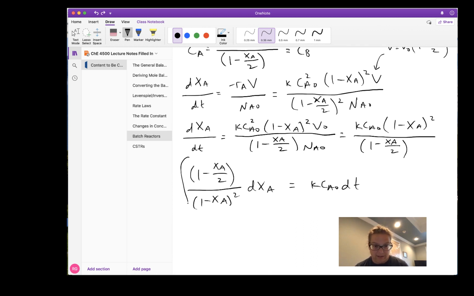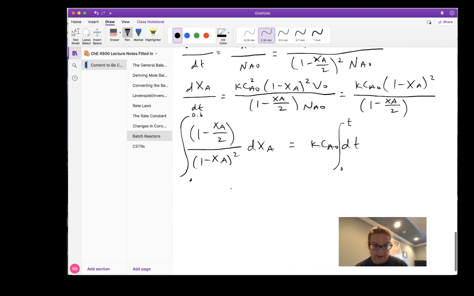And I can integrate these. Like in the last case, I'm going to integrate from 0 to 0.6 here, and from 0 to t here. If I do that, I get that t is equal to 1.208 divided by K Ca naught.